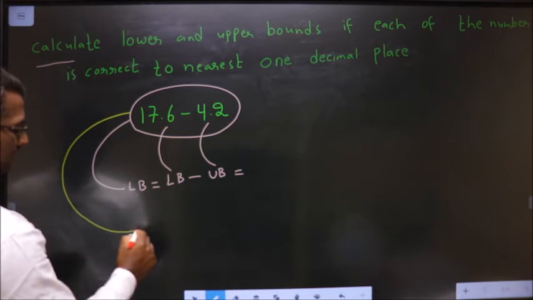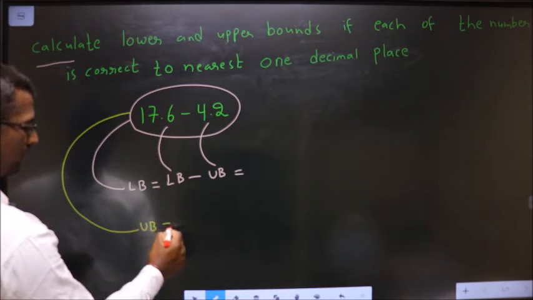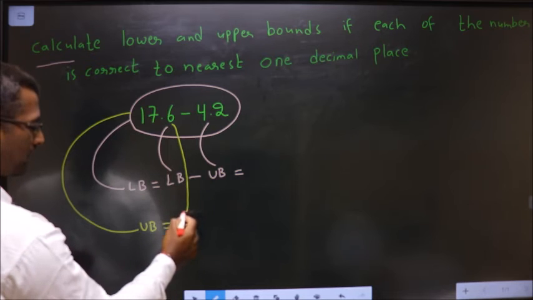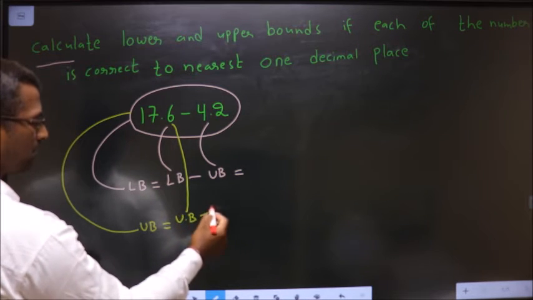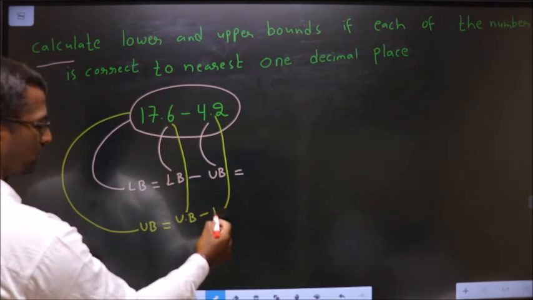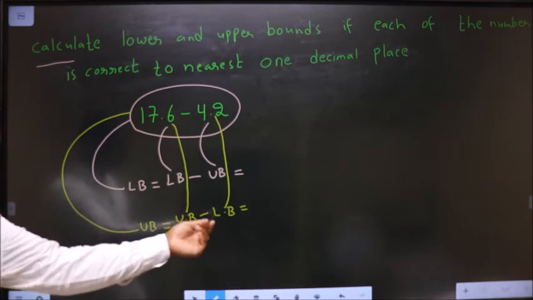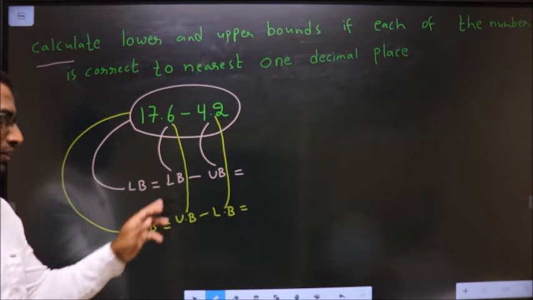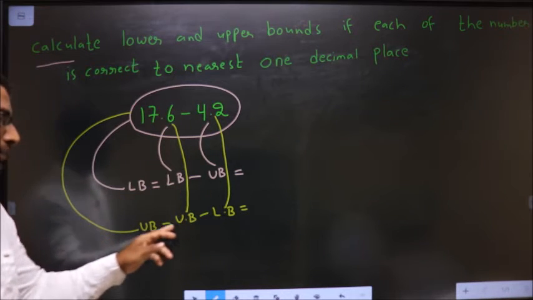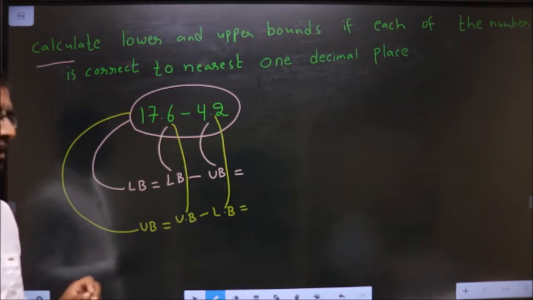And same way if you want upper bound, I should take upper bound for this minus lower bound for this one. Clear? In subtraction, one upper, other lower. Lower minus upper will result in lower, upper minus lower will result in upper.